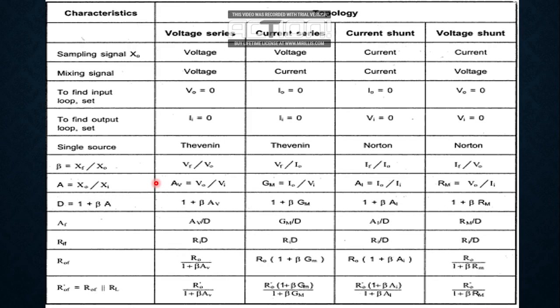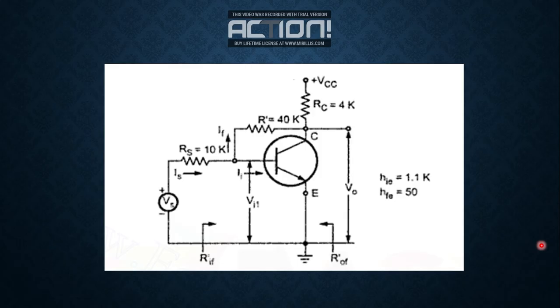Using them only, we have to find out all these values. For that, we have to memorize these problems. We have to understand these problems and these formulas. Then only we will be able to solve them. So that's it.